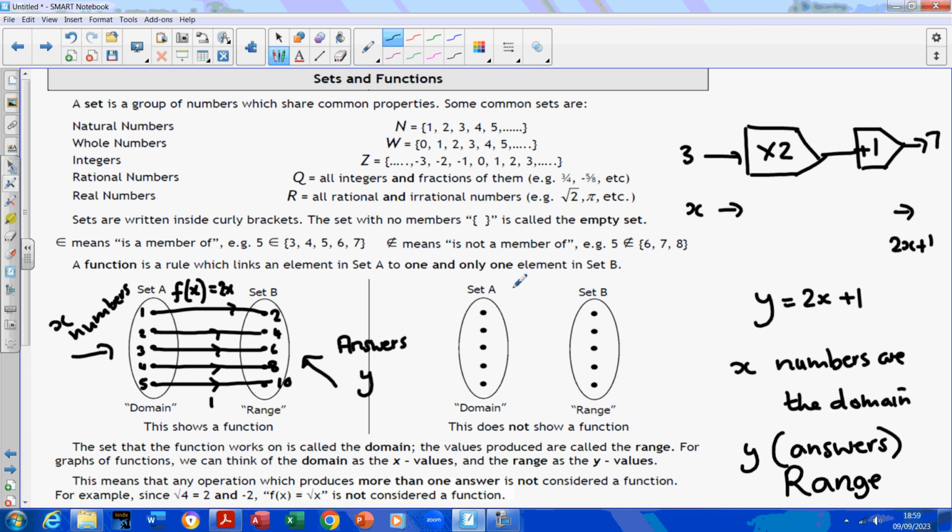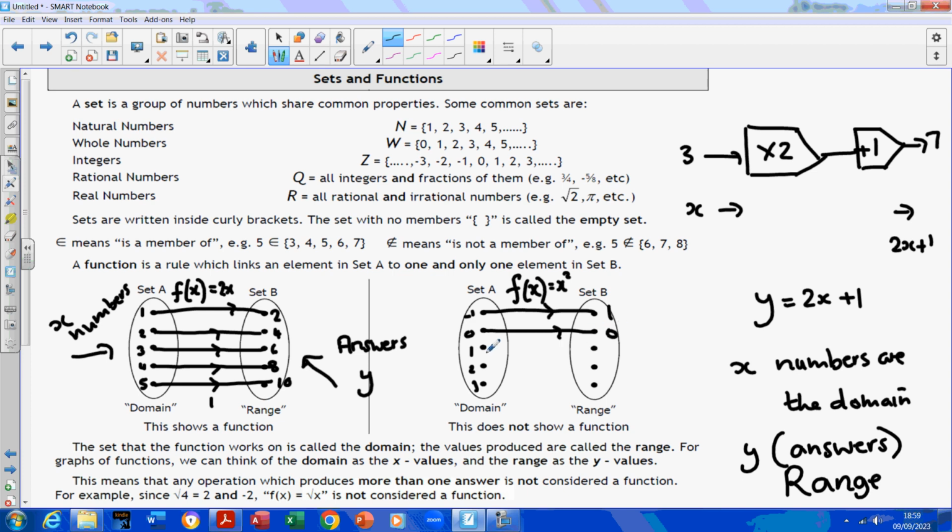Here's another wee one. So if I've got f(x) is equal to, we'll make it x squared. So if I put -1, I put 0, I put 1, I put 2, and I put 3. So -1 squared would go to 1. 0 squared is 0, and that goes to 0.